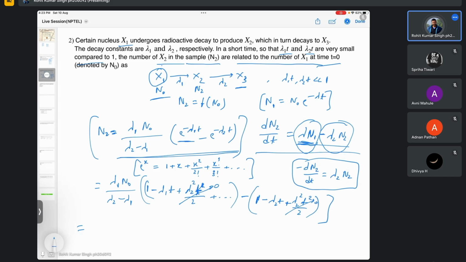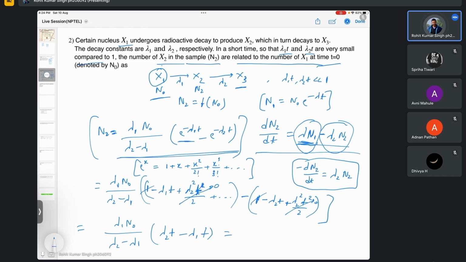The 1 and 1 get cancelled, 1 minus 1 is 0. So what we are left with is lambda 2 t minus lambda 1 t.